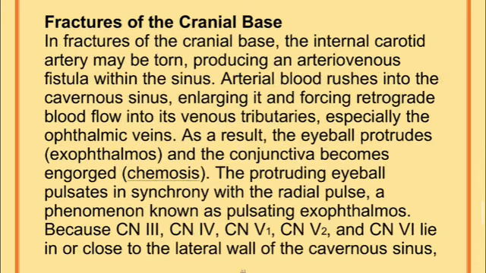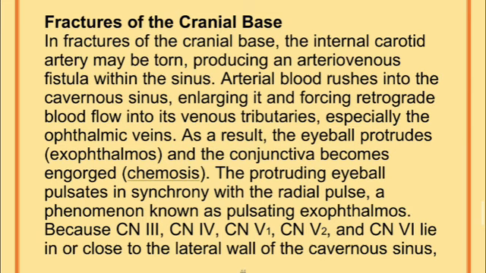Now, fractures of the cranial base. When there is fracture of the cranial base, the internal carotid artery may be torn, producing an arteriovenous fistula within the sinus. Arterial blood rushes into the cavernous sinus.